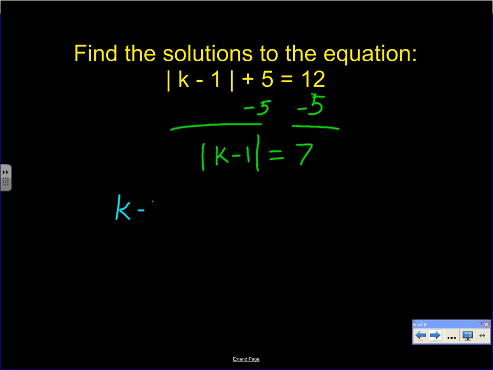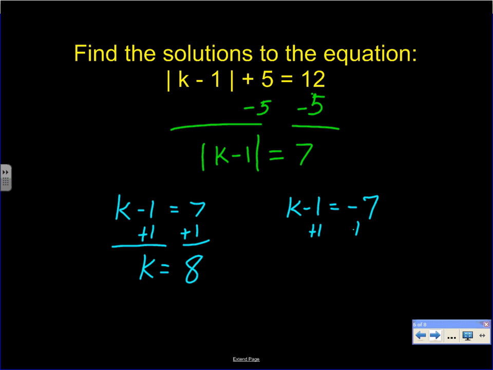So we know k minus 1, which is in the absolute value, must equal positive 7, and k minus 1 must also equal a negative 7. We add 1 to both sides, so k is equal to 8. Go ahead and do the same thing, and k is equal to negative 7 plus 1, negative 6.